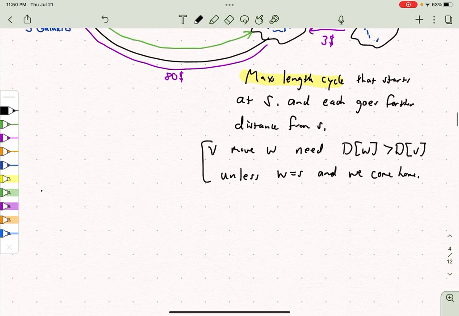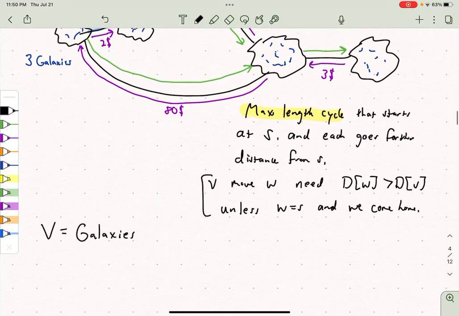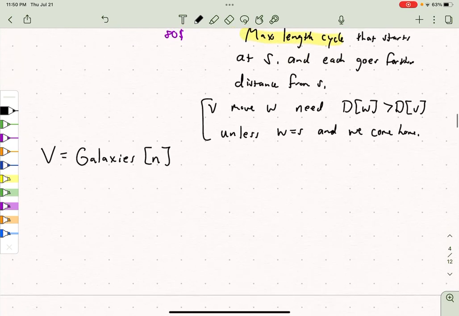Let V be the galaxies, just as before. In particular, these are all described by N, so numbers 1 through N. And we'll also add a special final one, T.